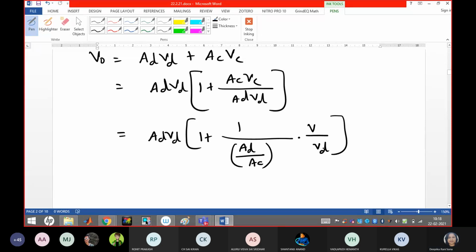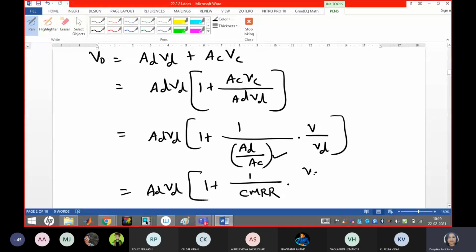Correct, no? Yes, ma'am. Okay, so what does this term AD by AC stand for? CMRR. So 1 by CMRR dot VC by VD. Now guys, see, this can be one part and this whole can be another part, right? The additive term is one part and the multiplicative term is another part.